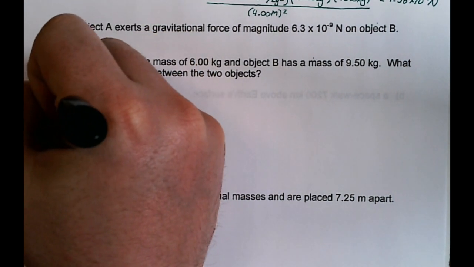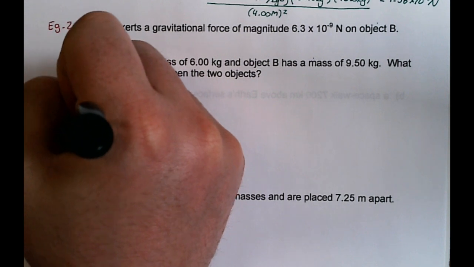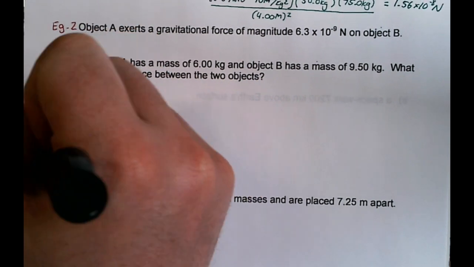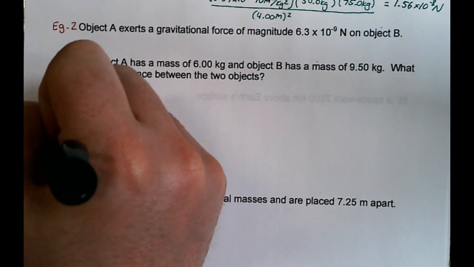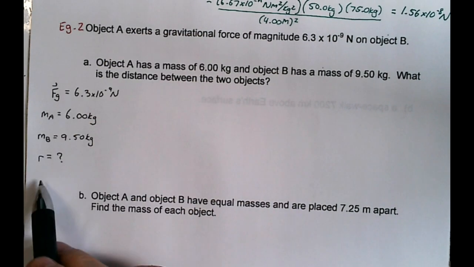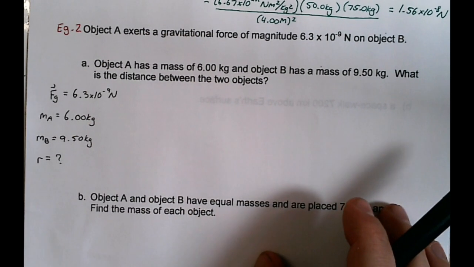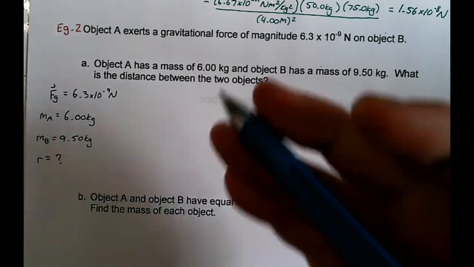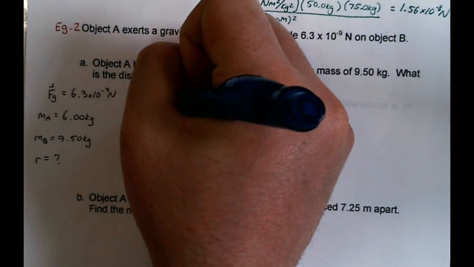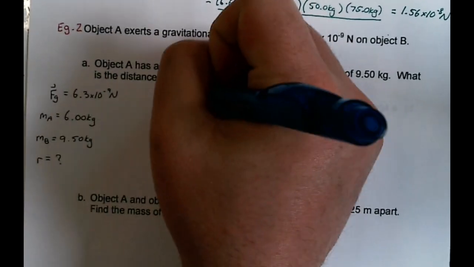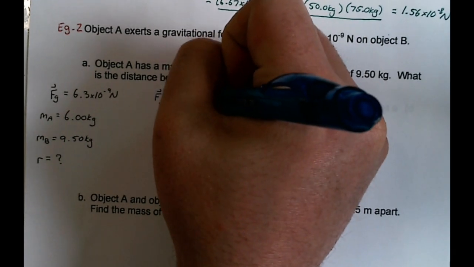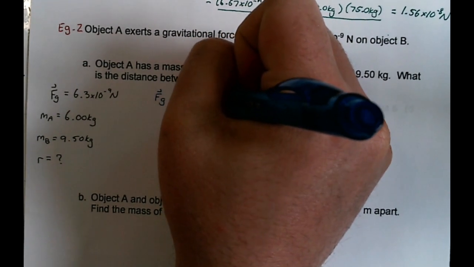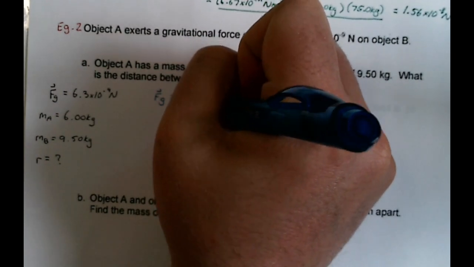The mass of object B is 9.50 kilograms. And it wants us to find the distance between. What is this r? Looking here, we're going to use our formula that Fg is equal to the gravitational constant times ma mb over r squared.